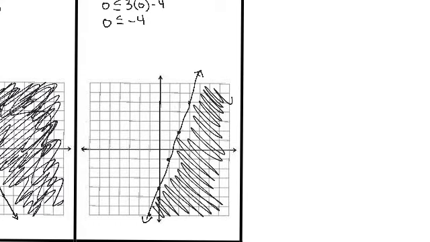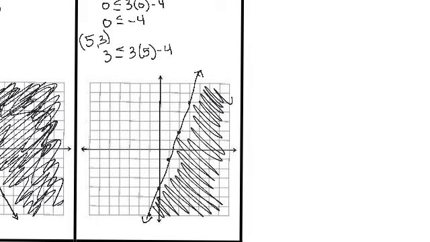All right, now to test a point, let's try, 1, 2, 3, 4, 5, 1, 2, 3. We'll try point 5, 3, because that's now in the shaded area. Let's see if that works. So 3 is less than or equal to 3 times 5 minus 4.